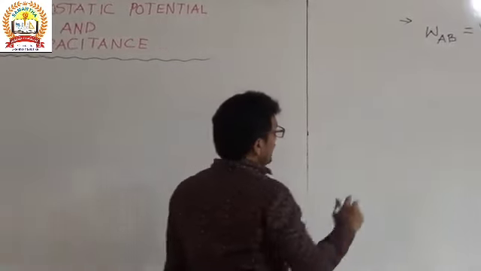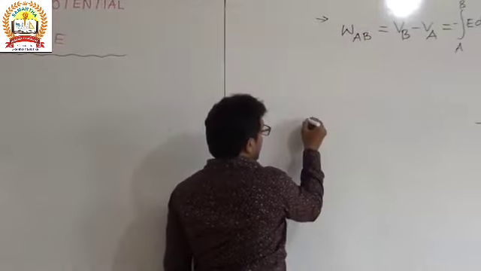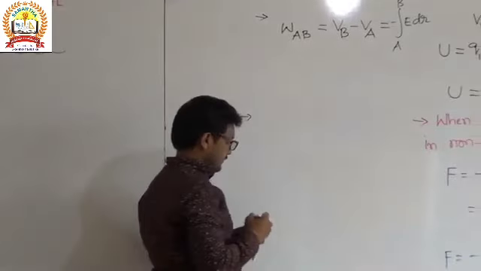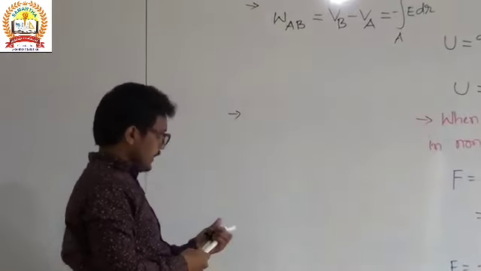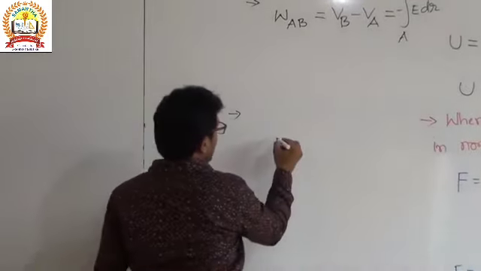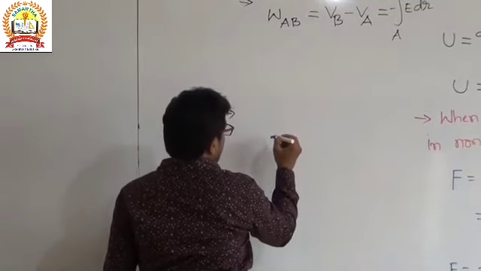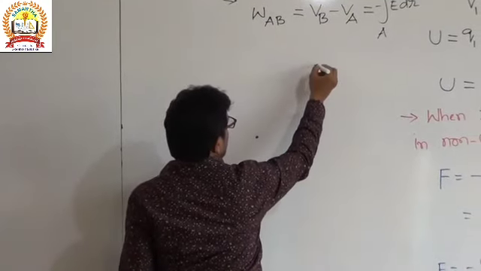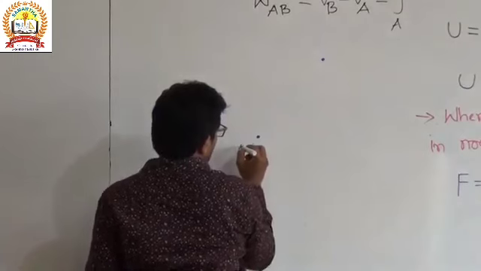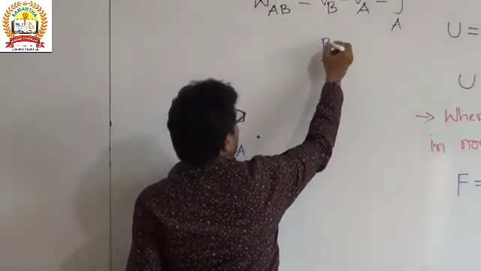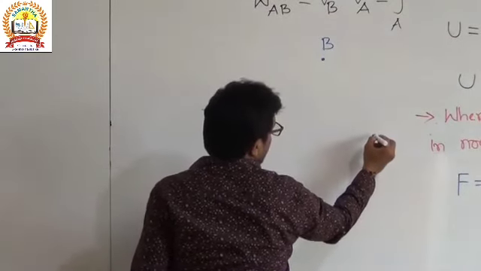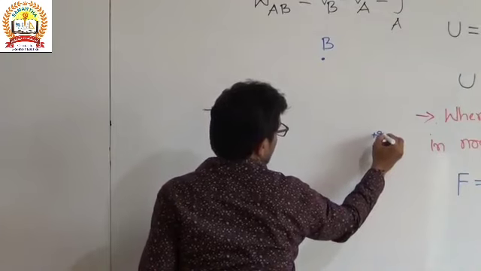For example, I am taking A and B as the two fixed points, and here the charge is a positive charge.